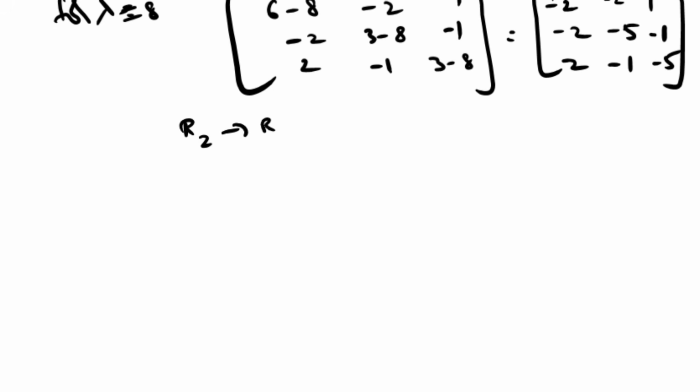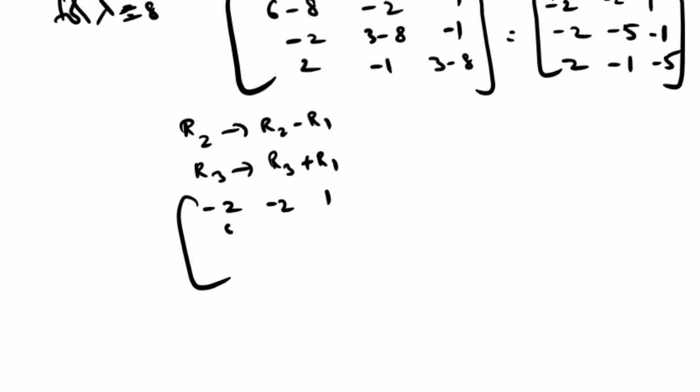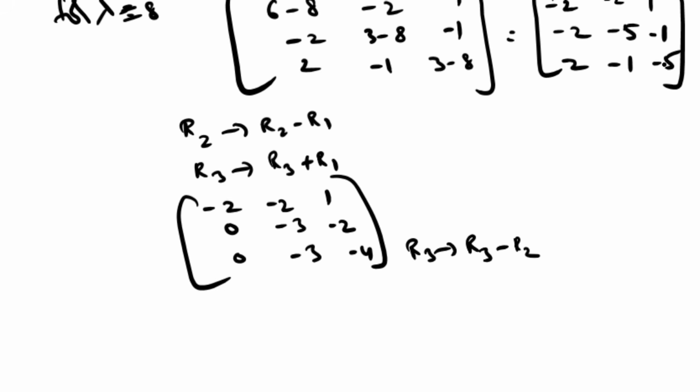R2 implies R2 minus R1, R3 implies R3 plus R1. Matrix will be minus 2 minus 2 1; 0 minus 3 minus 2; 0 minus 3 minus 4. R3 implies R3 minus R2: minus 2 minus 2 1; 0 minus 3 minus 2; 0 0 minus 2.